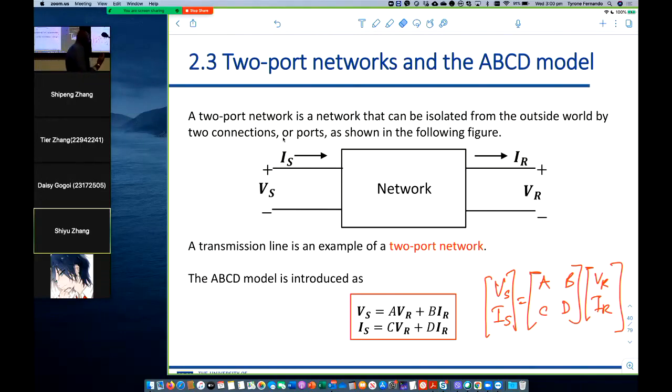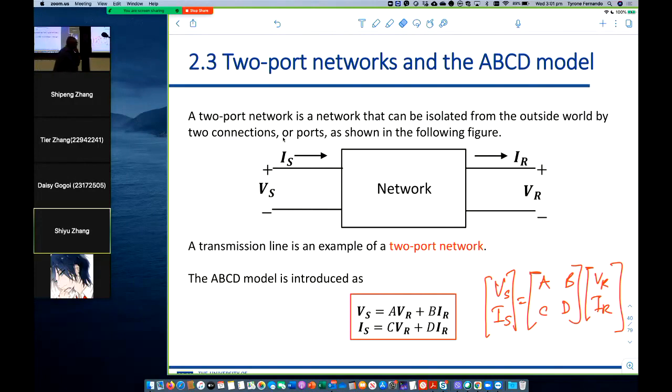So, what is a two-port network? I'm sure he has talked about it, but just to recap, you are expressing the characteristics of this network using a matrix. This two-port network has two ports, the input and the output. In this case, we are utilizing the sending end as the input port and the receiving end as the output port.